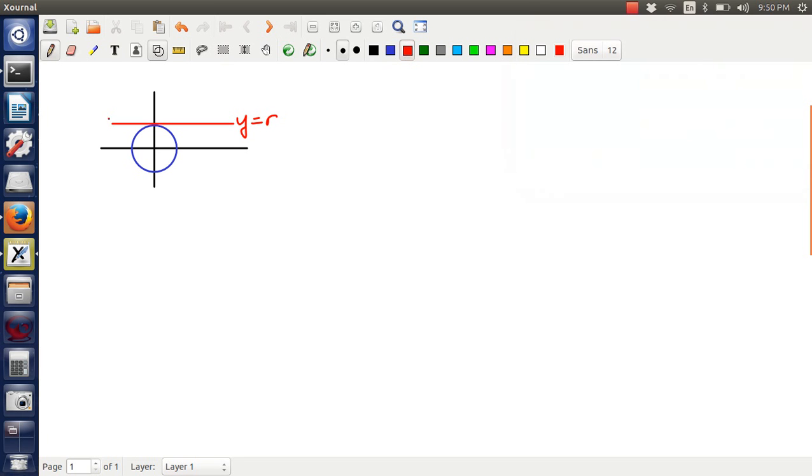Okay, so this is a question about revolving a circle around a line, and the circle is x squared plus y squared equals r squared. This problem essentially splits into two pieces.